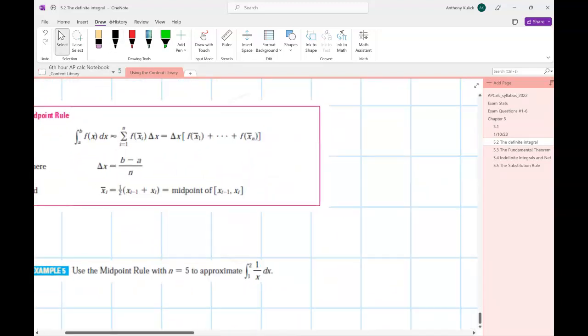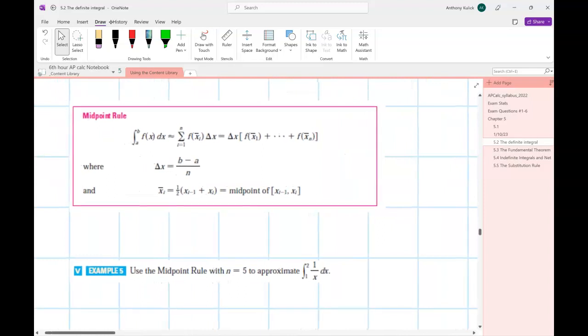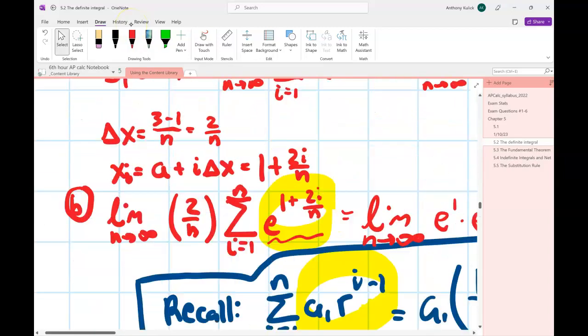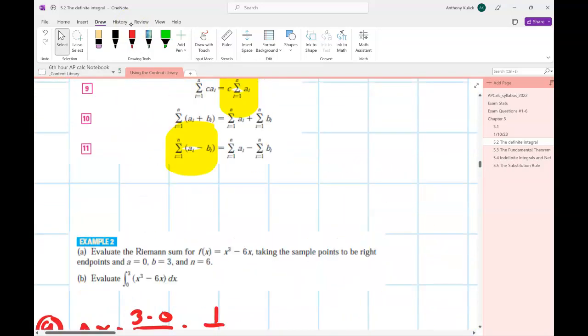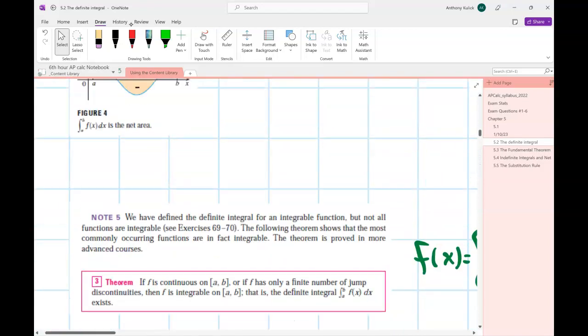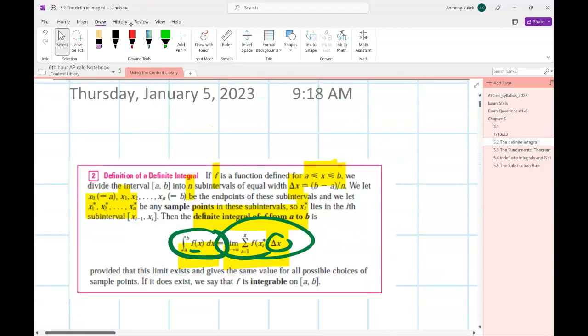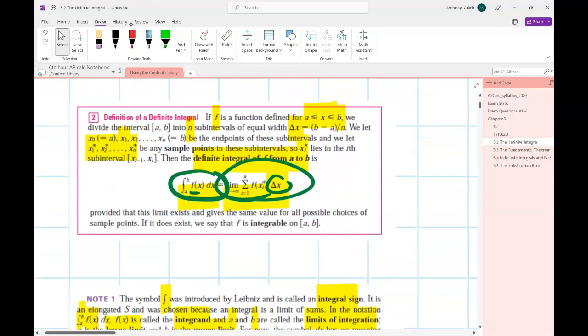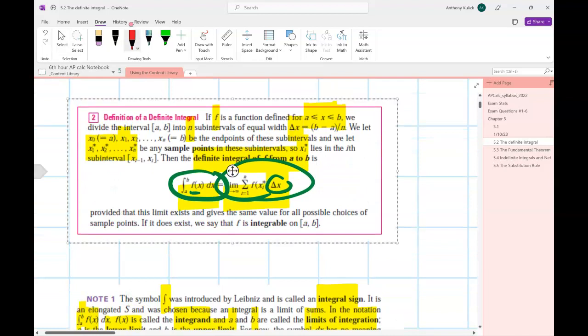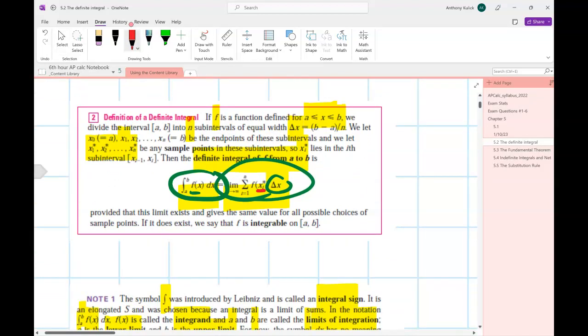Anyways, okay. So if you remember, when we went back to the very beginning and defined the definite integral, we said that we're going to do f of xi's, where these xi's can be just any sample point inside that subinterval.